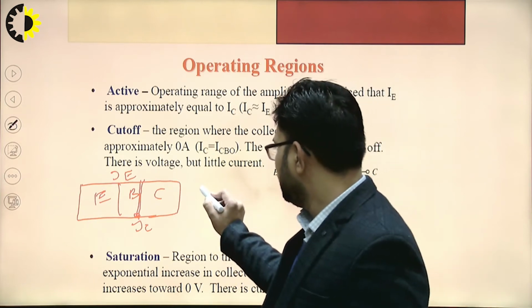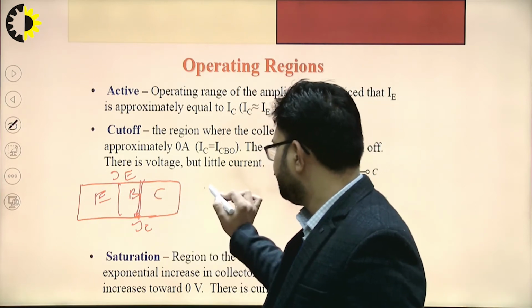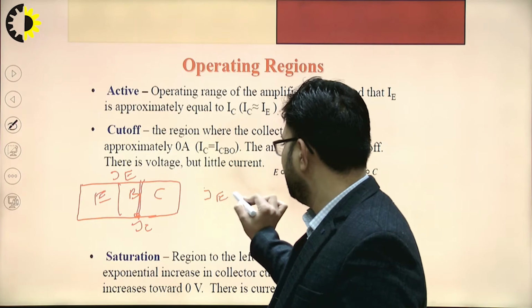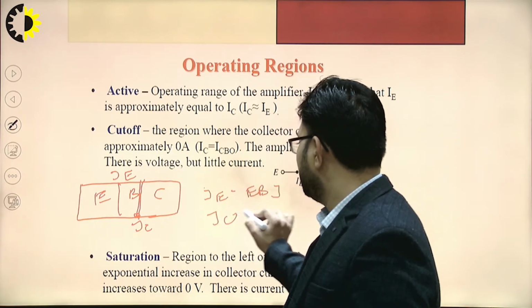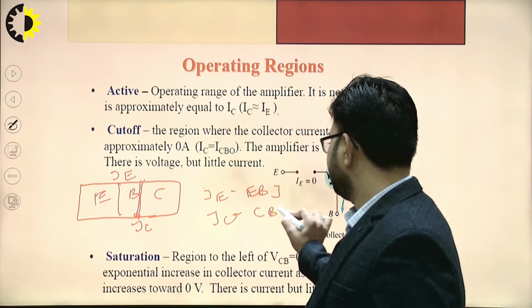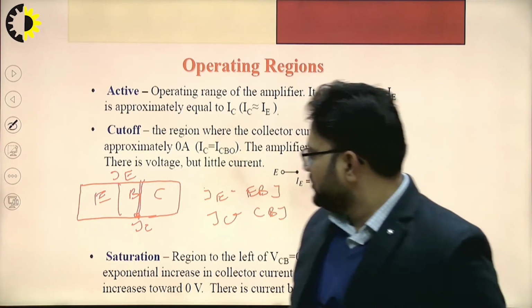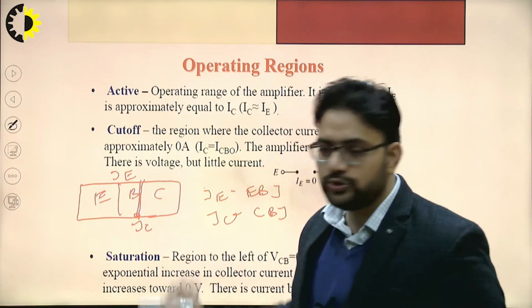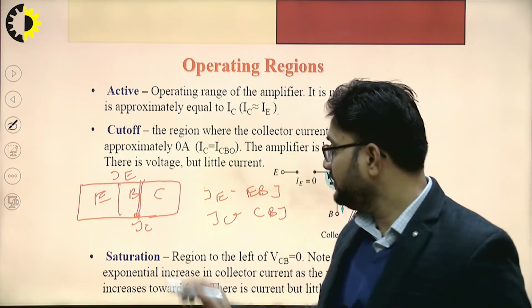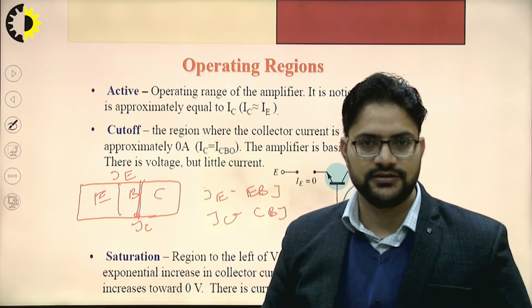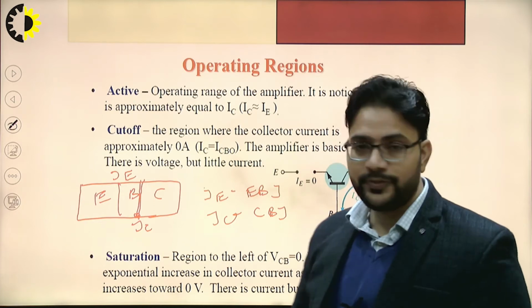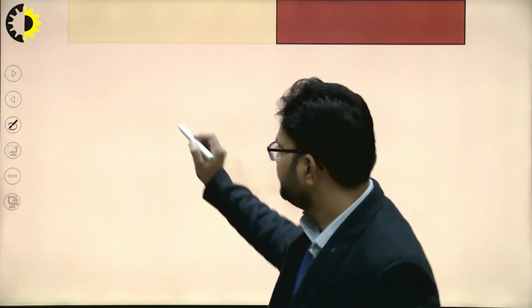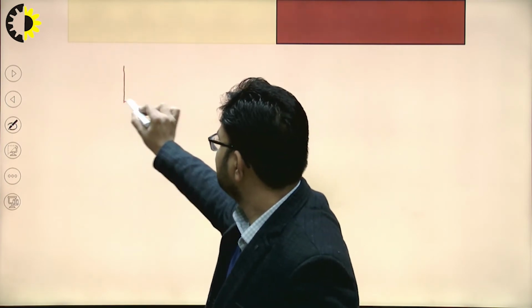So JE denotes the emitter base junction and JC denotes the collector base junction. If both of these junctions are forward bias, then the transistor is said to be operating in the active mode. Let me draw this for you. That is, both the junctions are forward bias.